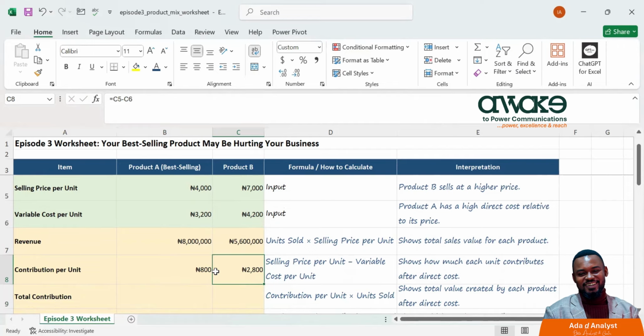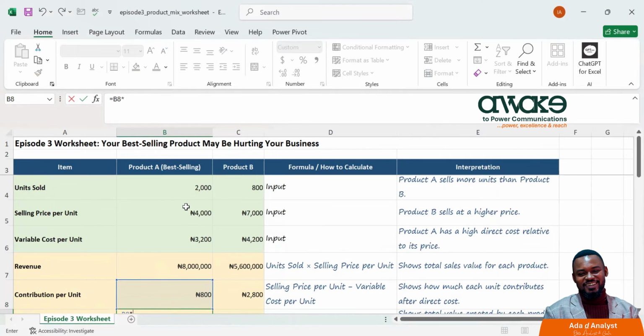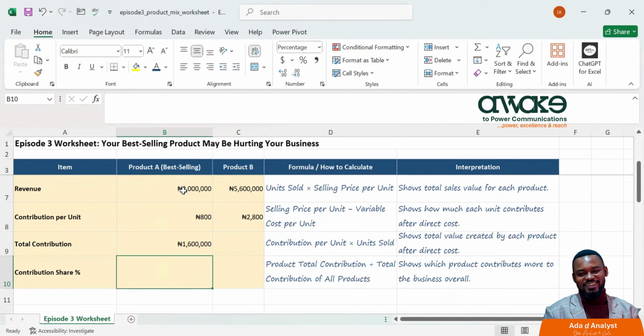To determine the total contribution, we say the contribution per unit multiplied by the total units sold. That will give us the total contribution. So we say equals contribution per unit multiplied by the total units sold. Here, it was 2,000 units sold, so we have 1.6 million.